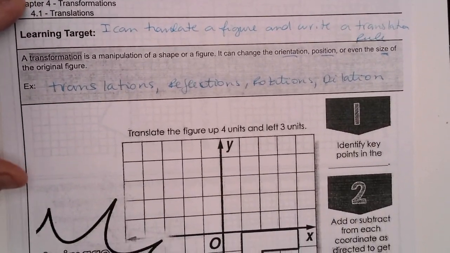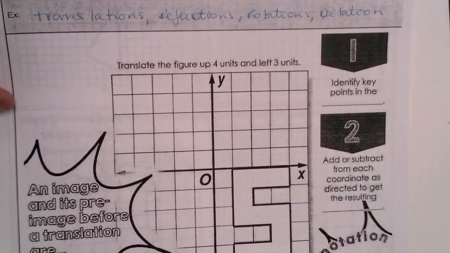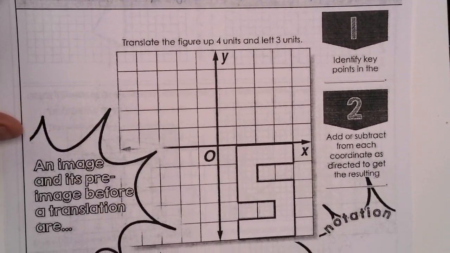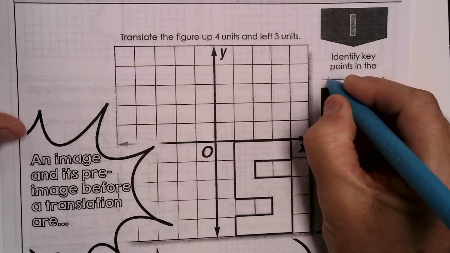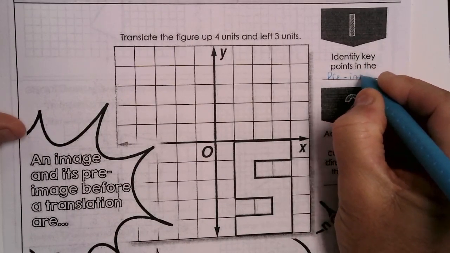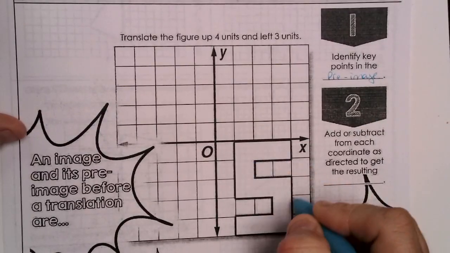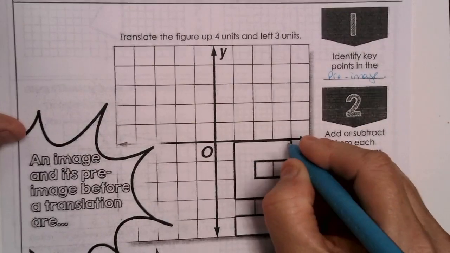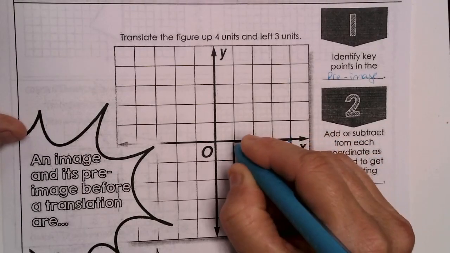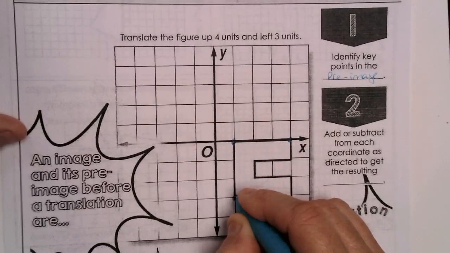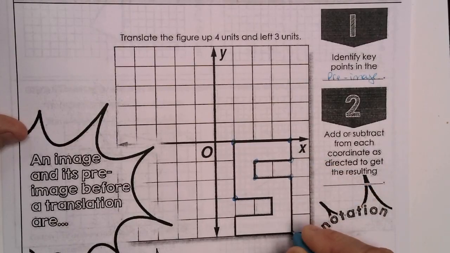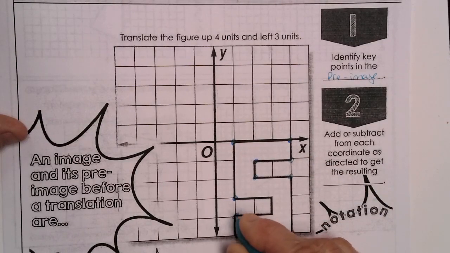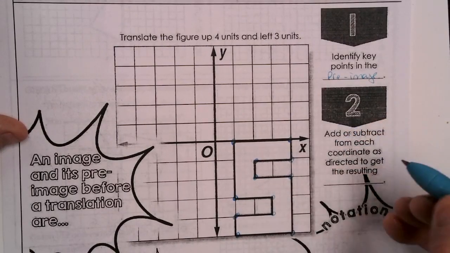All right, the first thing you want to do when you translate a figure is identify the key points in the pre-image. Pre-image is always your starting image. So right here is our pre-image, and the key points would be the corners of this letter, because we're going to translate the corners and then just trace to get the S in the other position.